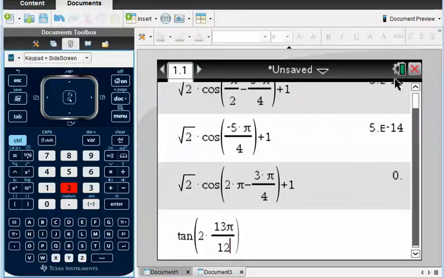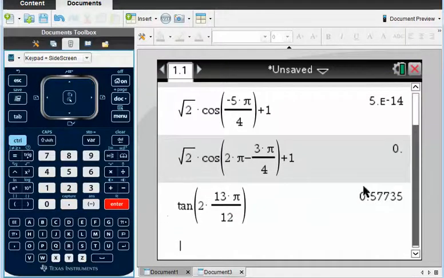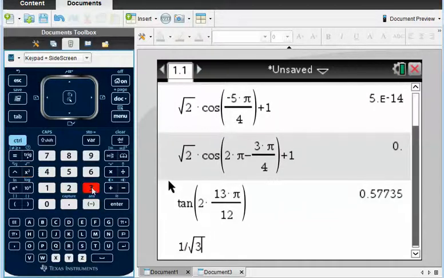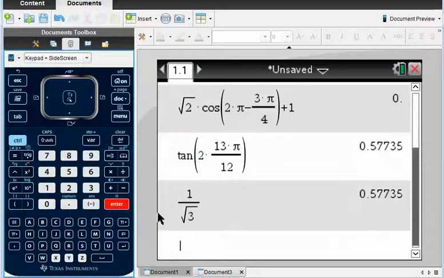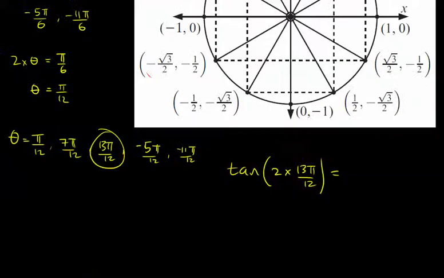I just want to check I'm working in radians. Yes, I'm working in radians. Press enter. What do we get? 0.57735. Let's check that 1 divided by root 3 is also the same number. Yes, it is. So it works. That is 1 over root 3.